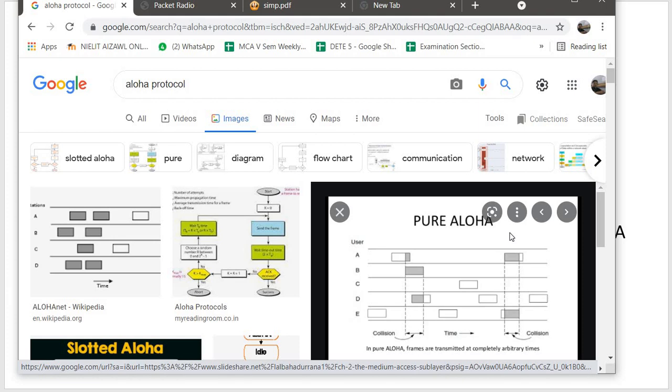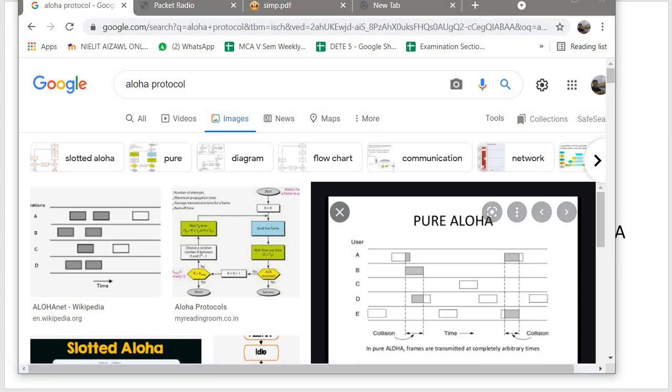In pure Aloha, frames are transmitted at completely arbitrary times, so we have collisions in pure Aloha. Let me explain a little about pure Aloha.